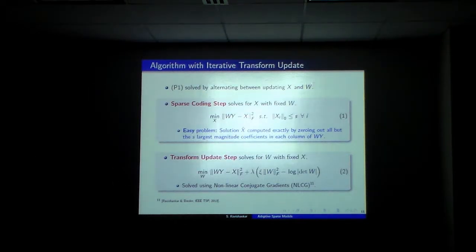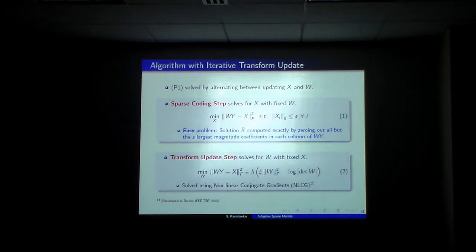So how do you solve this kind of transform learning problem that I just showed on the last slide? In prior work for synthesis or analysis dictionary learning, people have proposed a lot of alternating minimization algorithms. In this case, we also propose alternating minimization algorithms, but unlike in the synthesis or noisy analysis dictionary learning cases, where you encounter an NP-hard sparse coding problem, here things turn out to be much simpler.